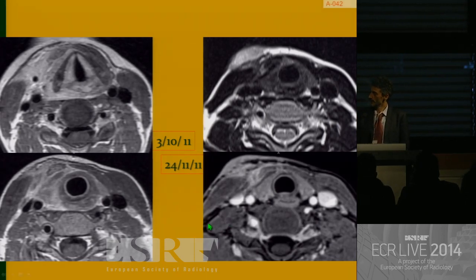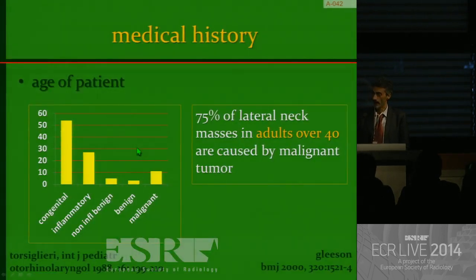And why this? Let's start by saying that this is a pediatric patient. So if we have a neck swelling in a pediatric patient, you may very well see that in the vast majority of cases, this is a congenital or inflammatory disease, as opposed to adults, where 70% of lateral neck masses are malignant tumors. So this is definitely something different from a tumor.